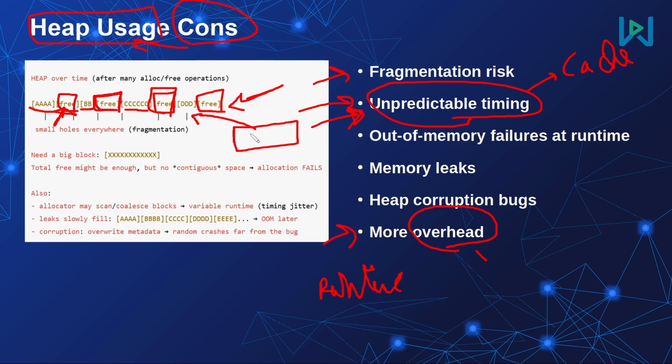And hence the allocation of this new big section within our heap memory will fail, simply not because we don't have enough space, but because we don't have enough continuous space that matches the required allocation.